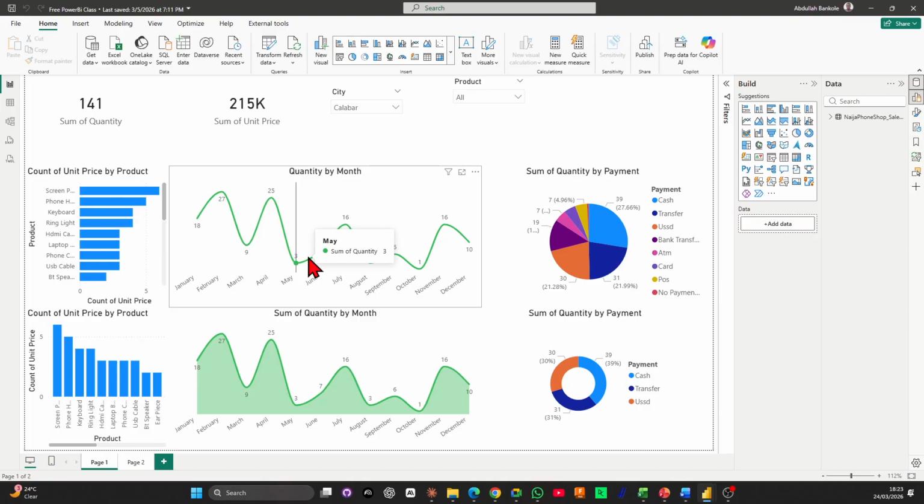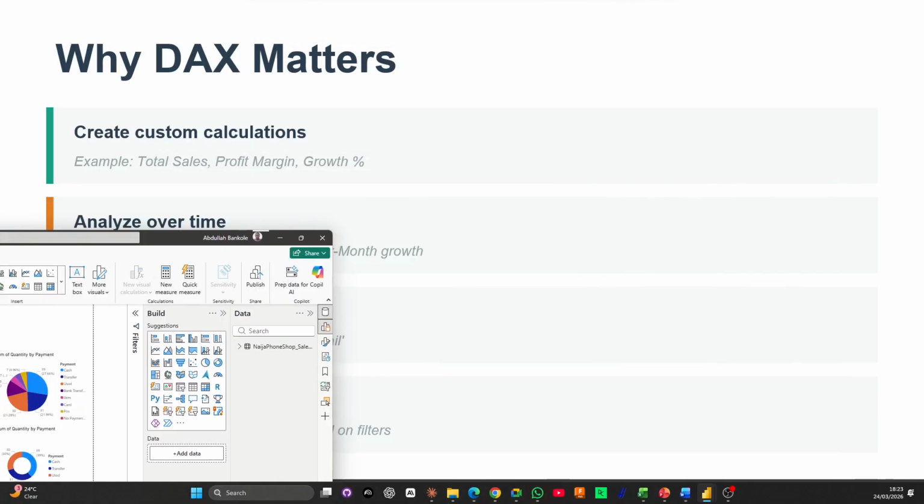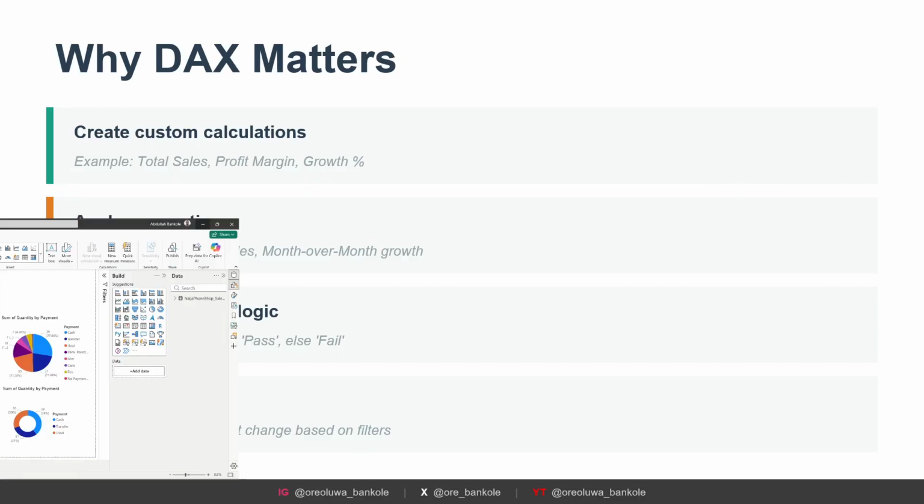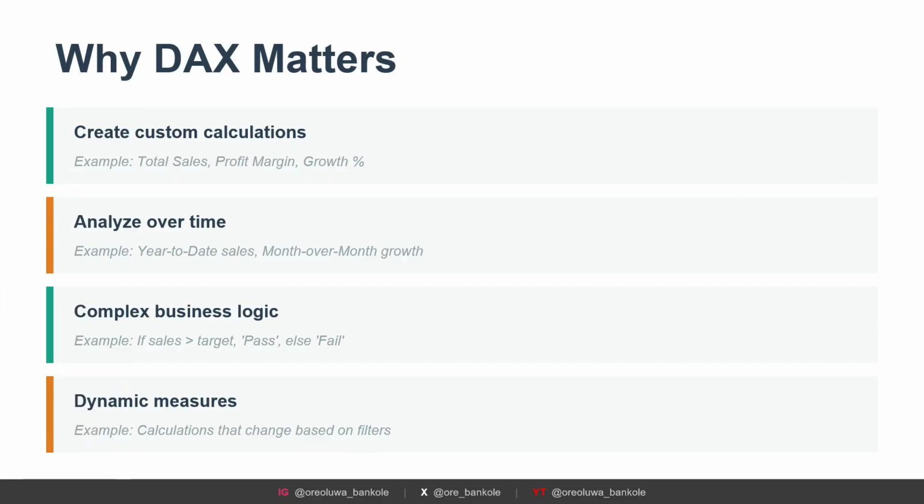With DAX, we can even know the total sales and the total quantity. We can compare the quantity of last year to this year. We can calculate the percentage change. We can also show whether that quantity is above a target or below a target. And all these things are going to be done automatically. These are things that DAX allows us to do.